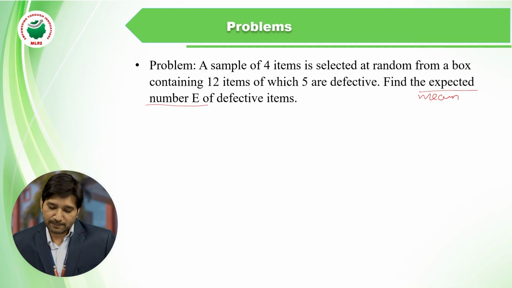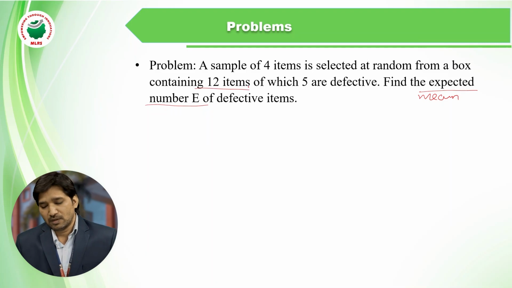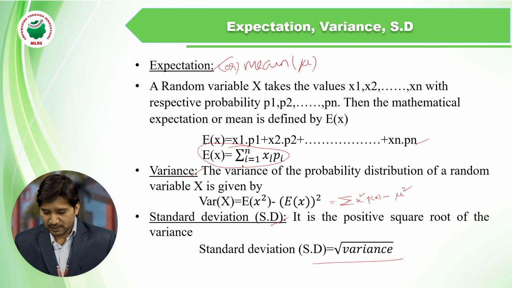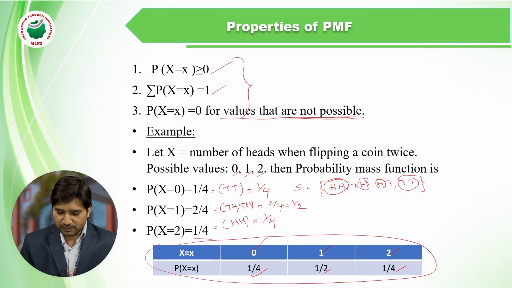Here the total number of items is 12. Out of 12 we have to select only 4 items. In these 12 items, 5 are defective. First of all, we have to find the mean or expected value of the given problem. We have to find first of all the discrete probability distribution function. You see, this is the discrete probability distribution function.